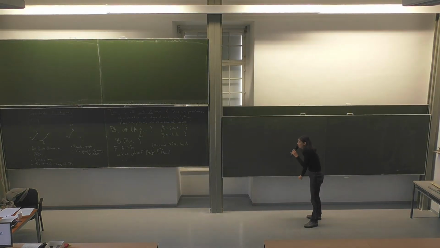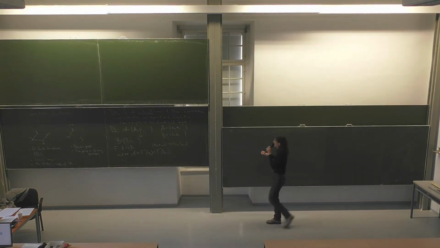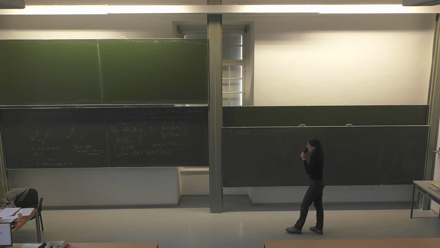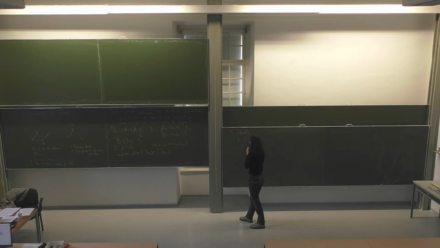So let's consider this structure: omega with the linear order. Just the natural linear order on the natural numbers. So we have 0, 1, 2, 3, and so on. So this is our decidable copy, actually.